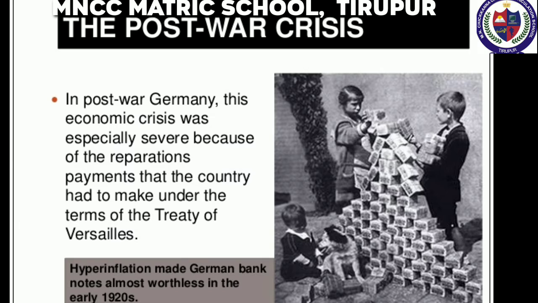The problems which many countries faced in the post-World War I decades led to the rise of extreme right-wing dictatorship in Italy, Germany, and Spain. In Italy, Mussolini rose; in Germany, Hitler rose; and in Spain, Franco rose as dictators.